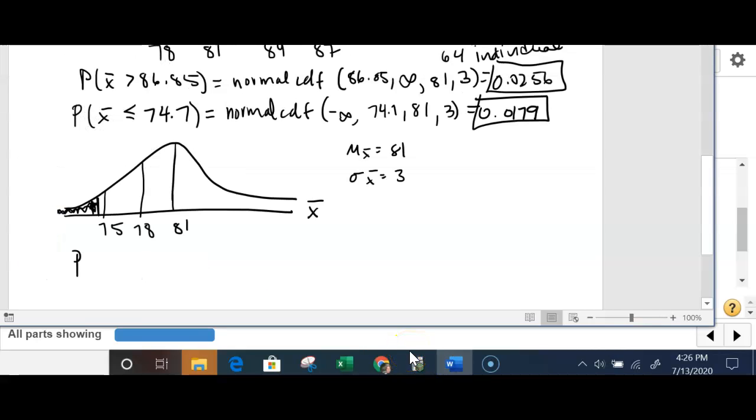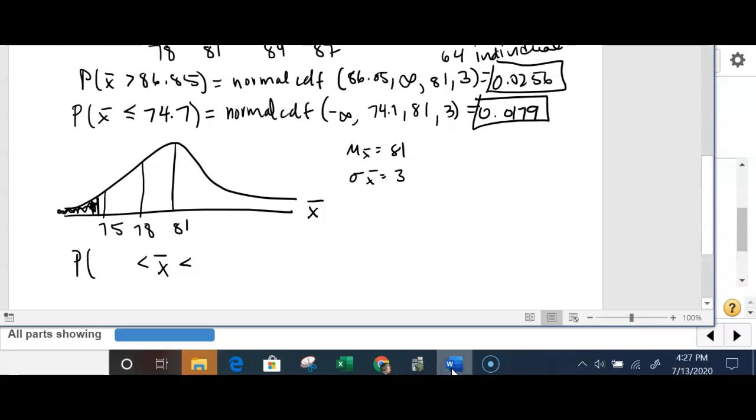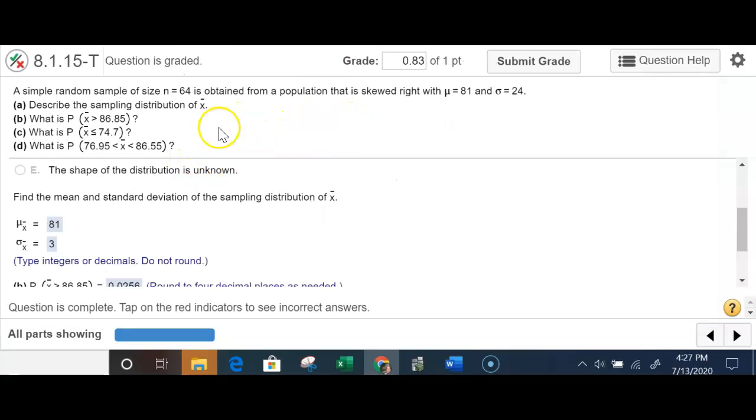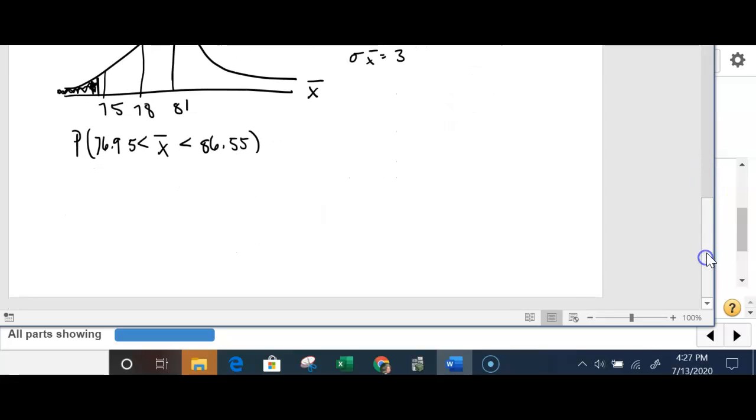So the probability that my sample mean is between 76.95 and 86.55. Okay. So again, we draw our distribution.